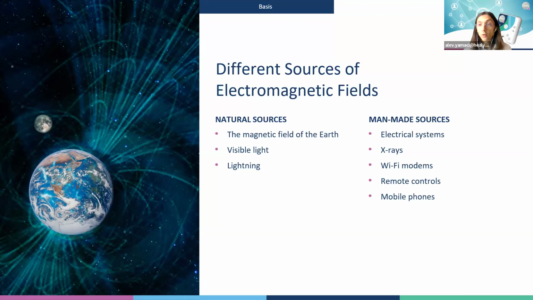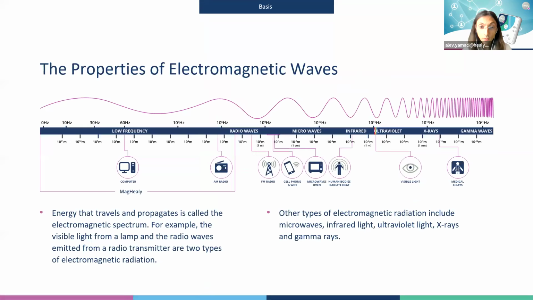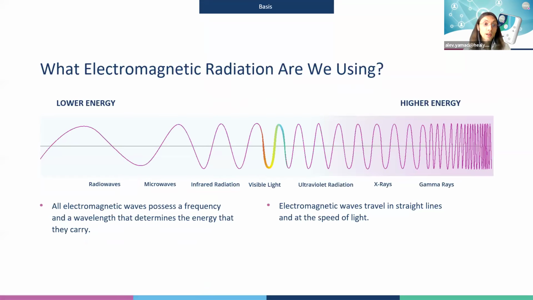There we have very low magnetic fields, in a very healthy range. So what electromagnetic wave radiation are we using? There you have the different frequencies, basically: radio waves, microwaves, infrared, visible light, up to gamma rays.